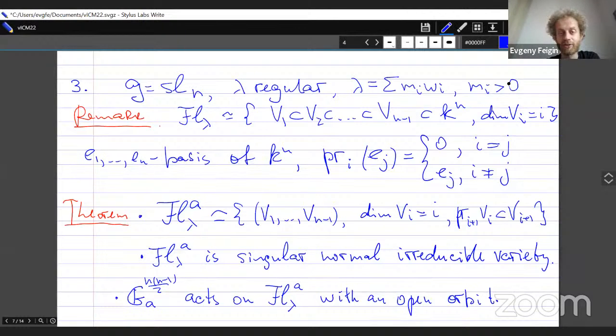That means that there is a group G_a to the n(n-1)/2, which is the dimension of the subalgebra of lower triangular matrices. This group acts on our FL lambda A with an open orbit. By definition, the variety itself is the closure of the orbit of this group passing through the highest weight line. So let us proceed.